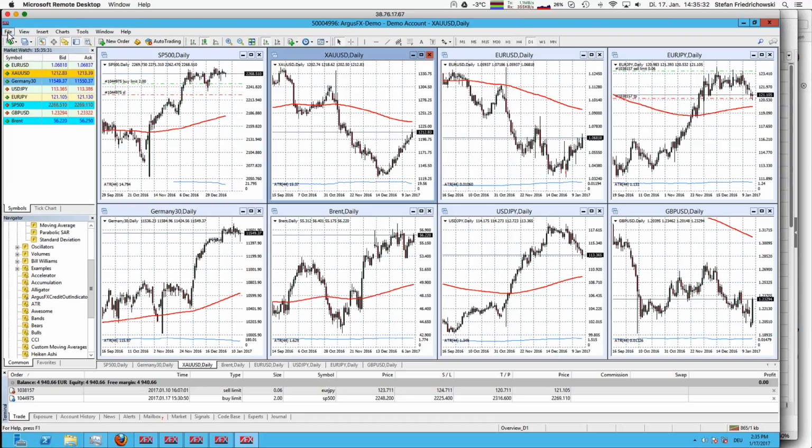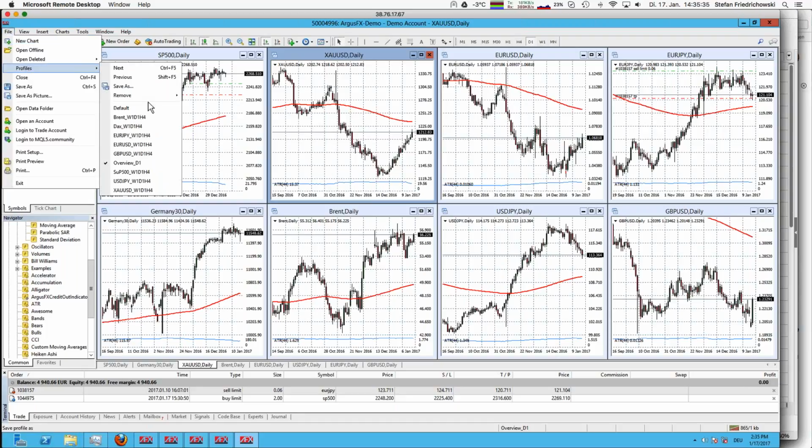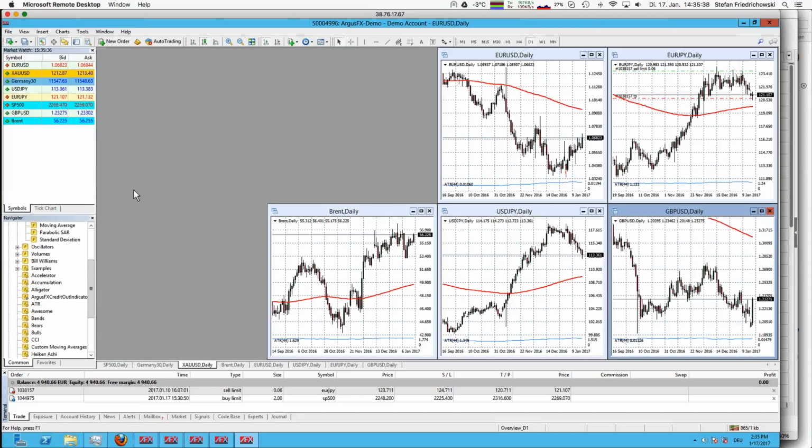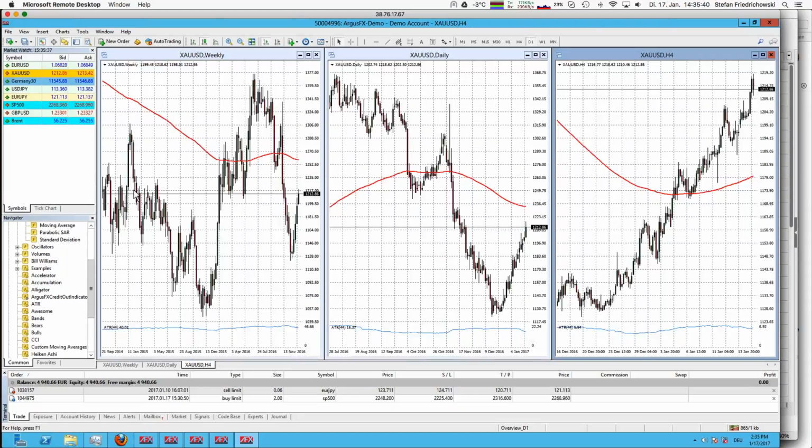So I switch here to my profile for gold. And as always, we first look to the weekly chart, and we see there has been very long ago a clear downtrend within gold.